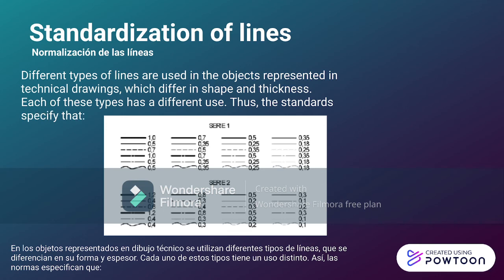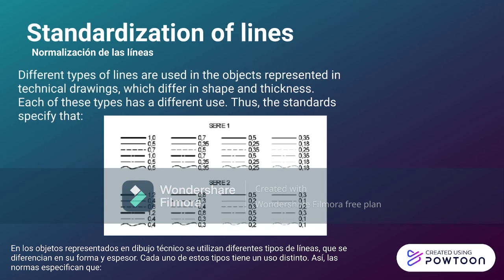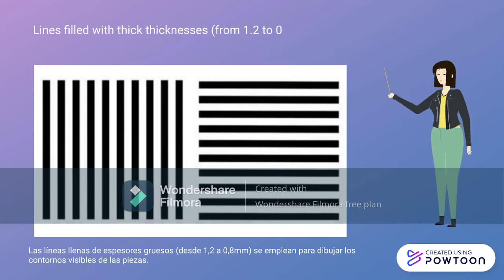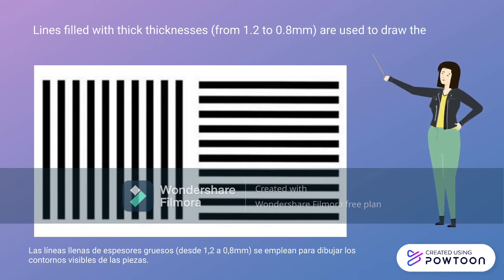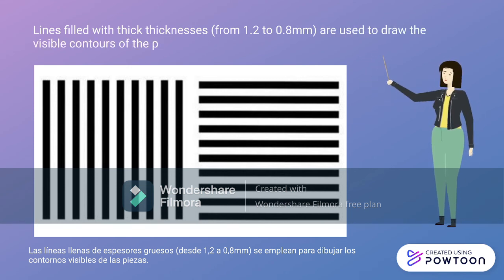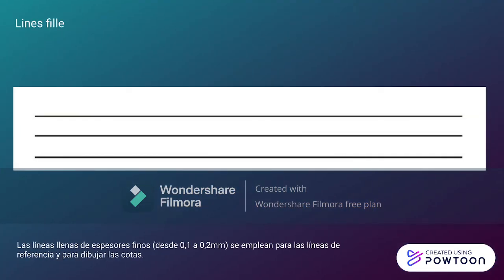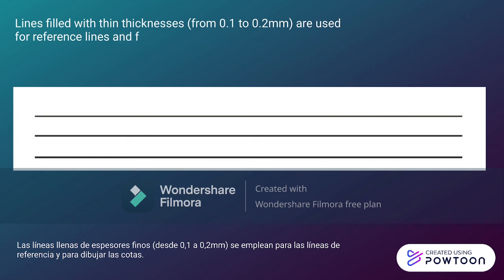Thus, the standards specify that filled lines with thicknesses from 0.8 to 1.2 millimeters are used to draw the visible contours of the parts. Filled lines with thicknesses from 0.1 to 0.2 millimeters are used for reference lines and for drawing dimensions.